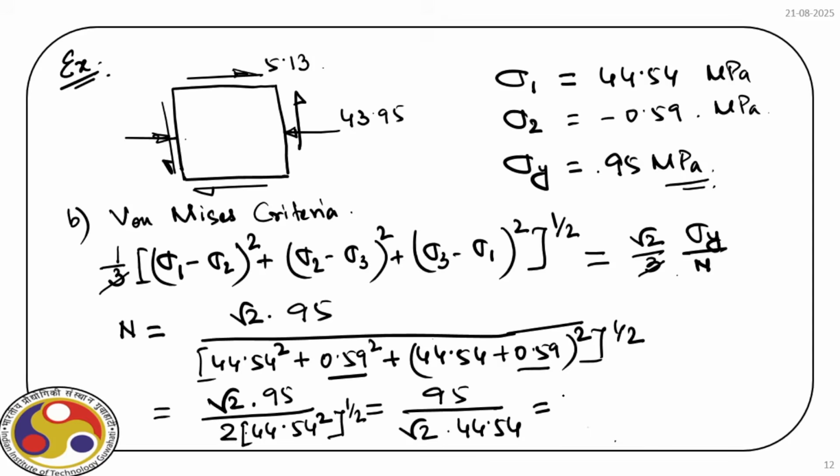And if we solve this expression, we have 95 divided by 44.54 divided by square root of 2. So we have 1.5, and again it is more than 1. So we have factor of safety more than 1, which means the design is safe, right?